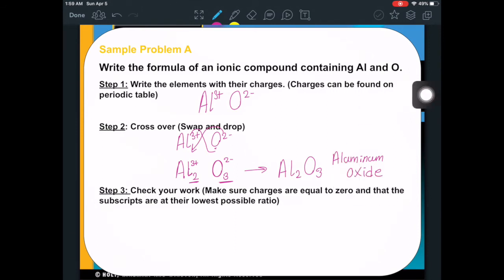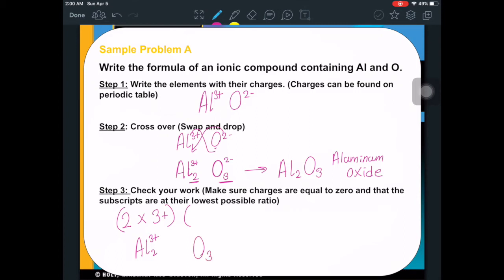All right, so now I want to double check my work. I want to make sure that I have actually balanced out my equation and that this is actually making sense, right? So the first thing I'm going to do is find the overall charge on aluminum. I know that there are 2 aluminums now, not just one. And I know that each one of them has a charge of +3. Okay? So this is for aluminum. There's 2 of them, and each one has a charge of +3. And then I have my oxygen.